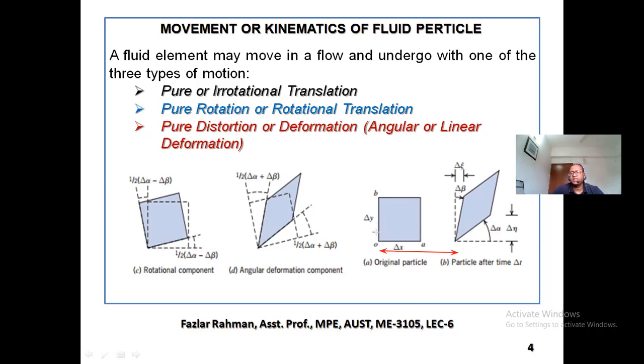So along the y-axis, the velocity of the fluid at point O is, say, v. But point A, how many velocity components does it have? Two components, u and v. So its v is not the same as this v. I am saying its v is vA. So in the vertical direction, point A travels faster than point O.